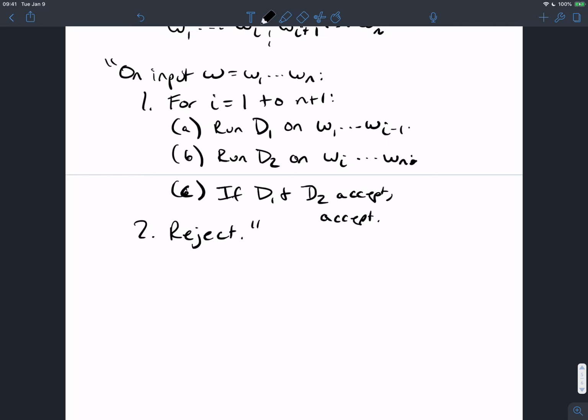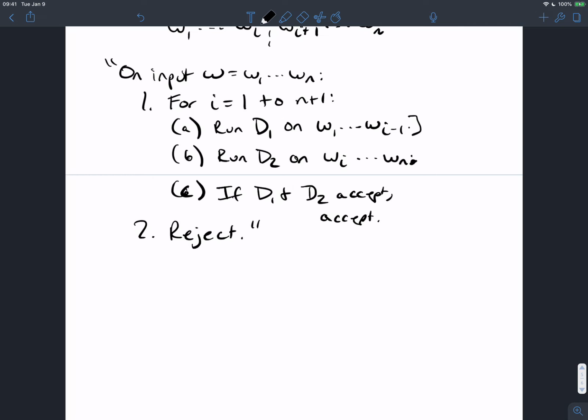So we run through every iteration of this for loop, and every single time, either one or both machines said no, it's not in my language, and therefore it cannot possibly be in the concatenation. Yeah? If I equals 1, then step A runs from W1 to W0. Right. So what is W1 to W0?